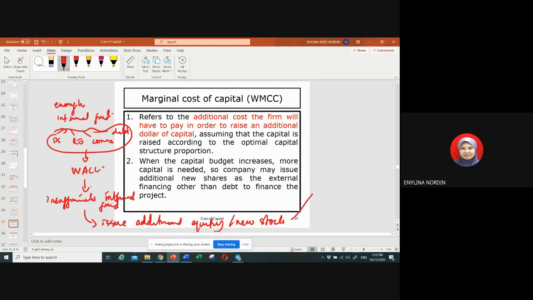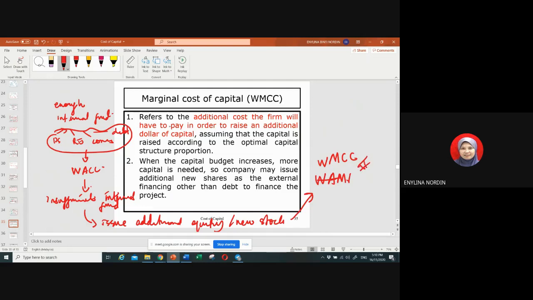If that is the case, the company has to calculate the weighted marginal cost of capital, WMCC. So WACC will change to WMCC.